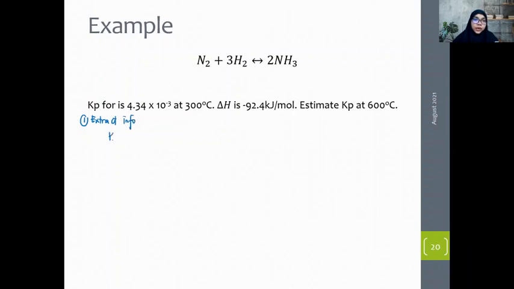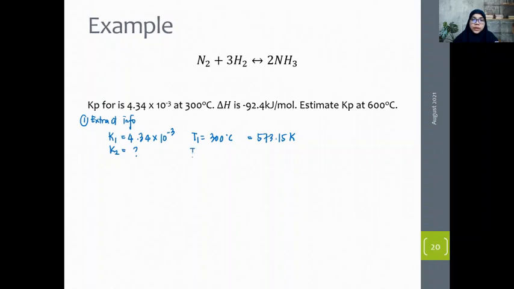So we have K1 equal to 4, and then at temperature T1 is 300 degrees Celsius, so it gives 573 K. And then K2 is what we should find.